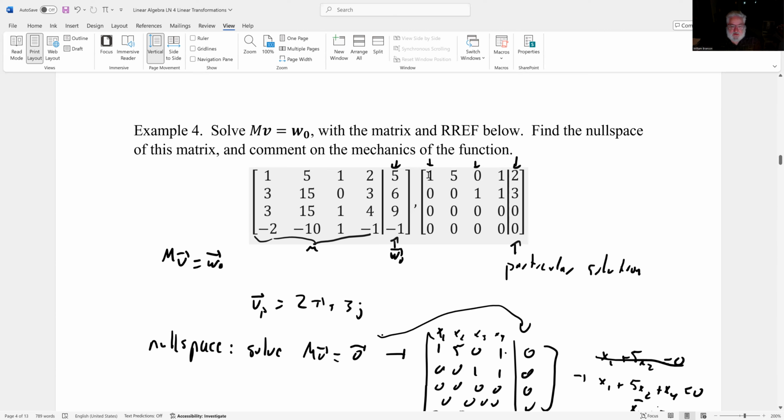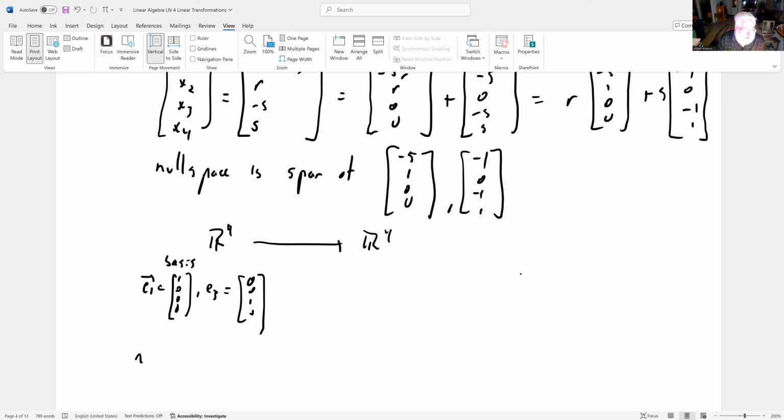Once we get up to 4 dimensions, we're not using i, j and k anymore. And E3 is (0, 0, 1, 0). And then we can also take as a basis N1, (minus 5, 1, 0, 0), and N2, (minus 1, 0, minus 1, 1). These are the vectors that span the null space.